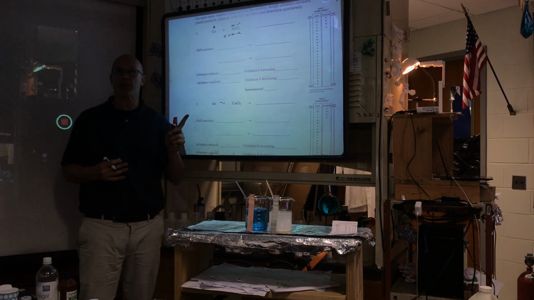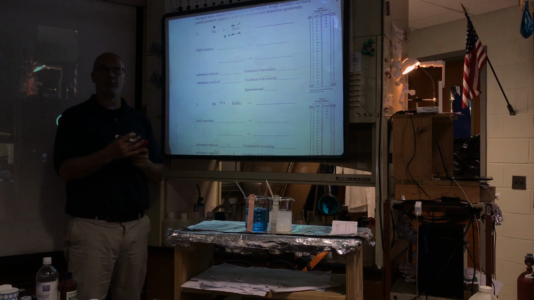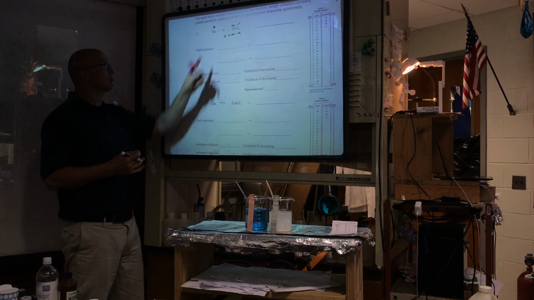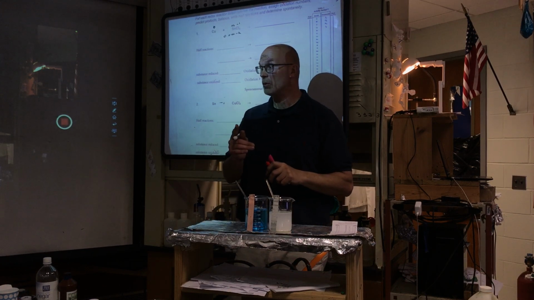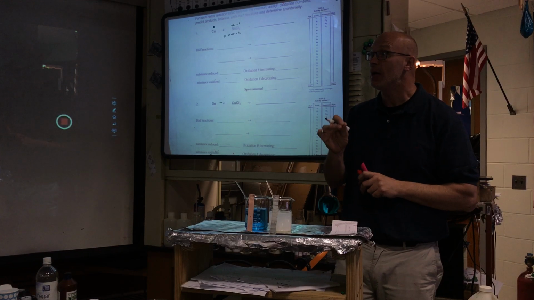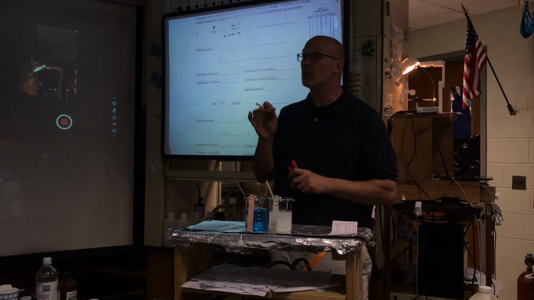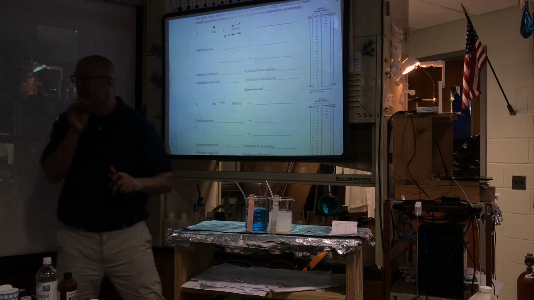So if this is a single replacement reaction, what is going to replace what here? You should be able to identify what the products are. Yes, Cu is going to replace Sn, but don't say Sn, say Sn +2. Because when we're in redox, we have to be specific. If you mean copper +2 and you say copper, you've got it wrong. If you mean tin and you say tin, that's Sn 0.